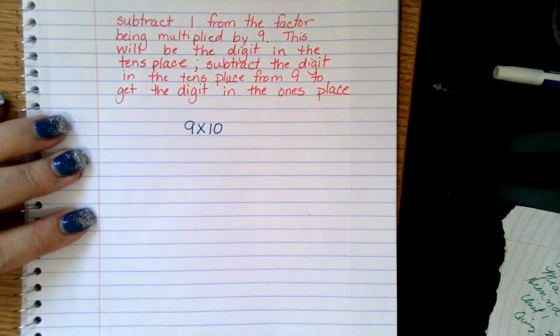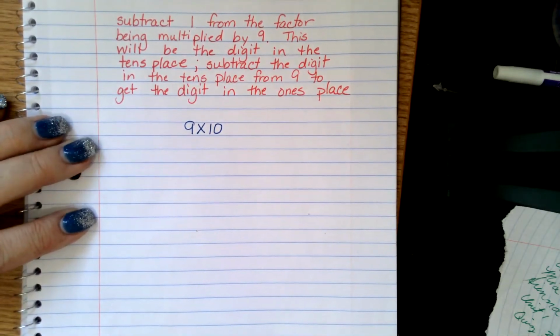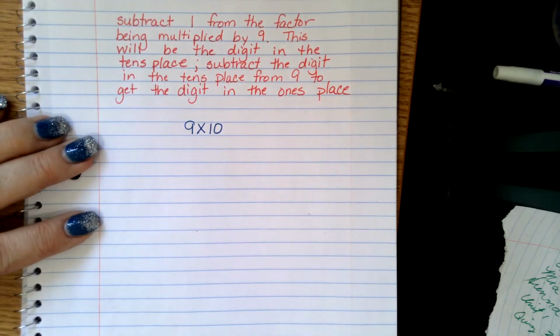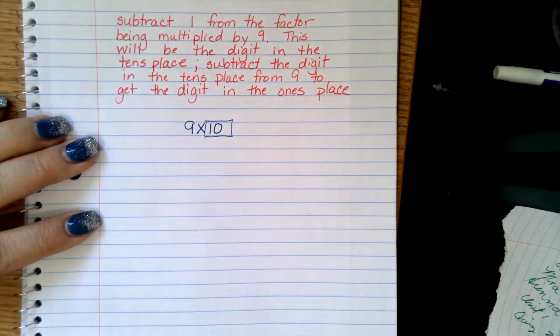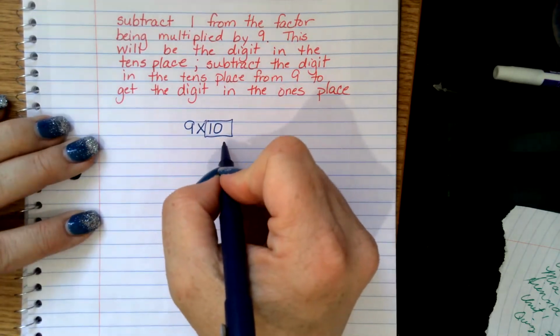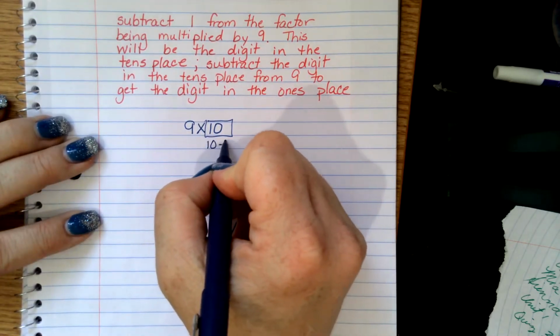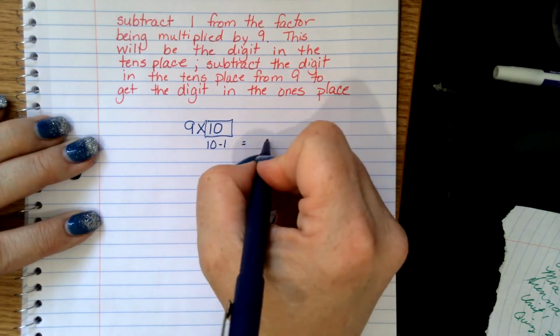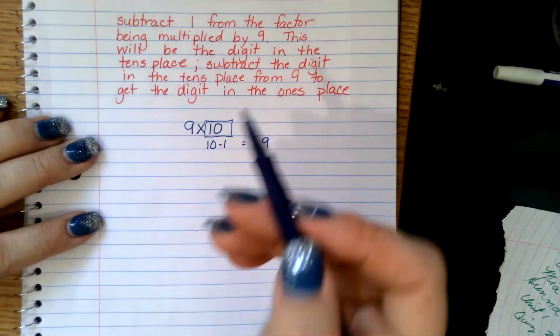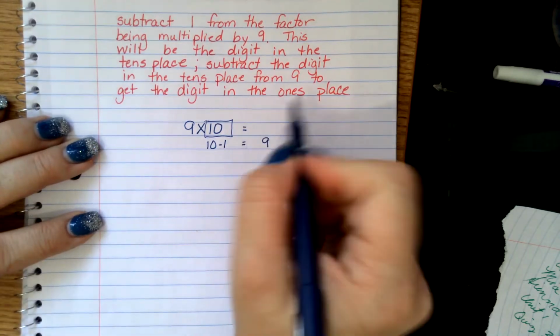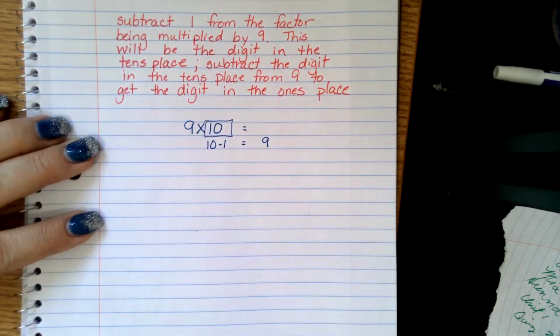The first step says subtract 1 from the factor being multiplied. The factor being multiplied is 10, so 10 minus 1 equals 9. That is the number in our product that's going to be in the tens place.